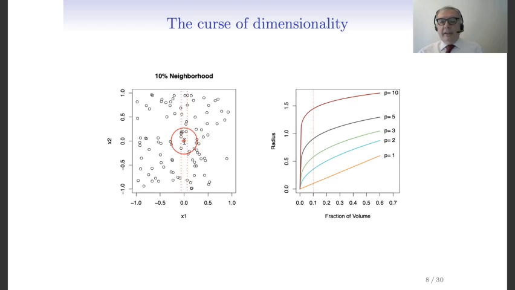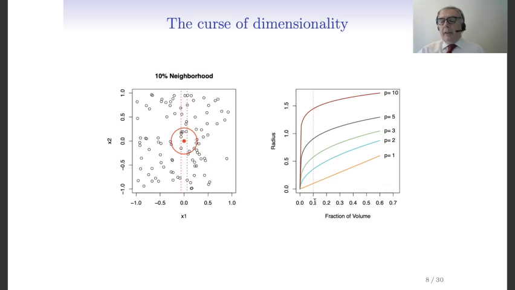If I repeated this procedure in 3 dimensions, I would have a sphere, a ball, and again, you would see that in order to capture 10% of the data, the radius of the ball should be quite large. This is something that you can see here. So we have the fraction of the volume.